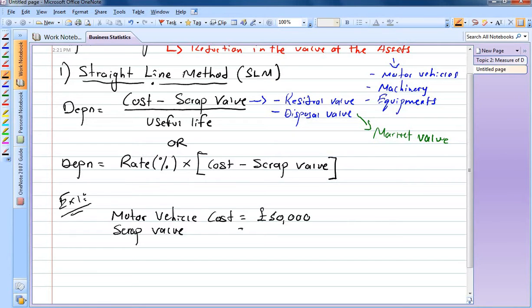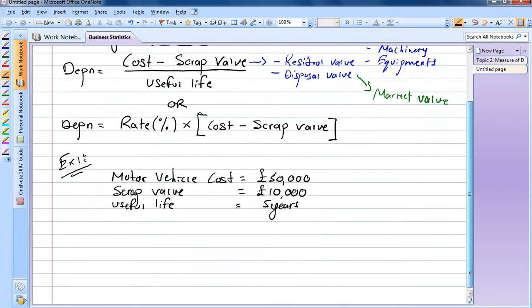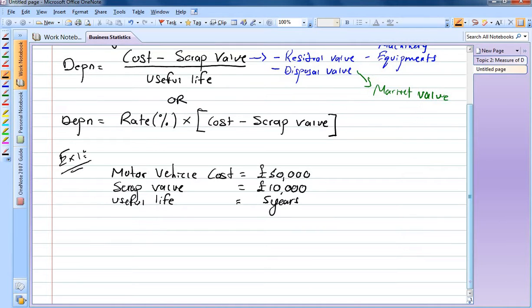Scrap value 10,000. Useful life 5 years. Okay, now required.